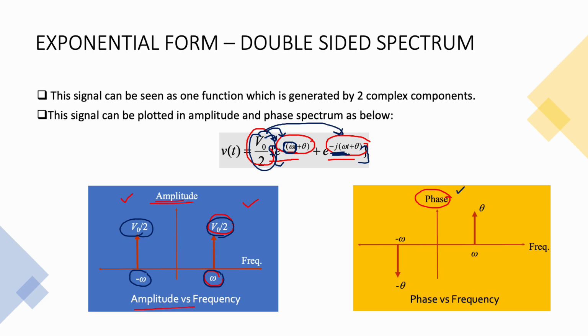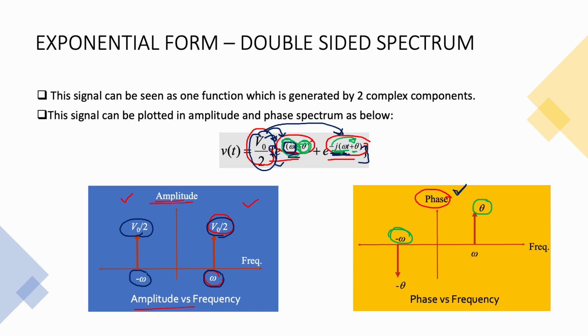Okay, next, for the phase. The same goes for the phase. So we have positive phase. For this positive phase, the value of the angle is positive theta. But for negative omega, the value of the phase becomes negative.